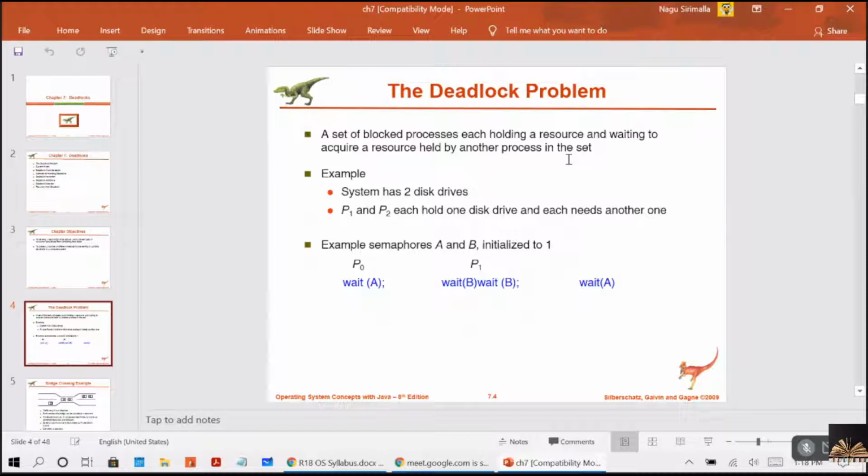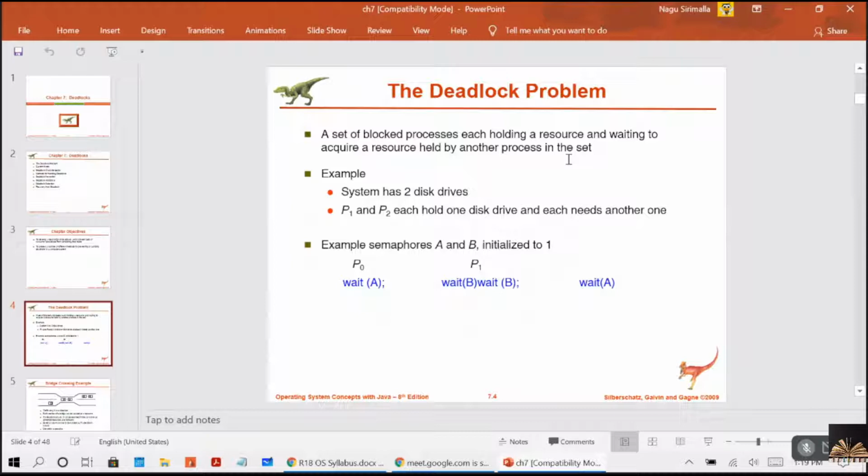P1 is holding resource R1 and waiting for R2. In the same way, P2 is holding resource R2 and waiting for R1. P1 will not release R1 until it gets R2, and P2 will not release R2 until it gets R1.